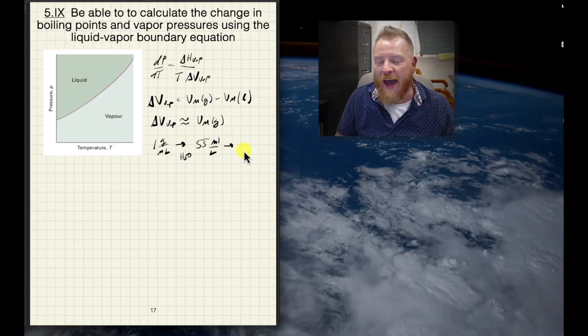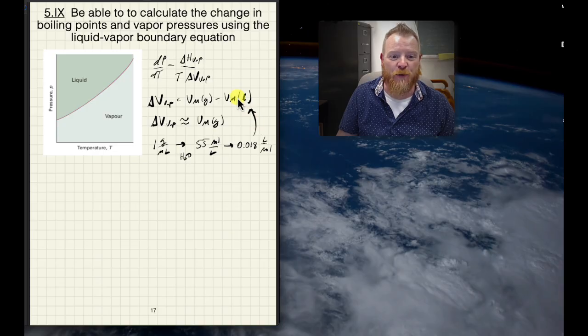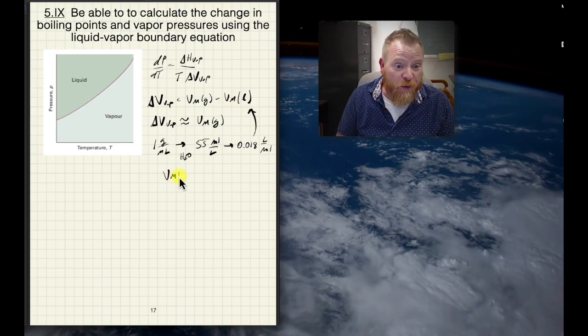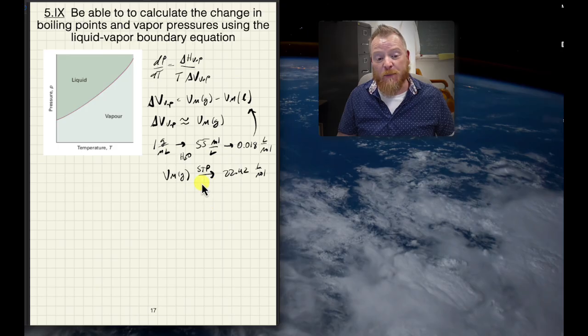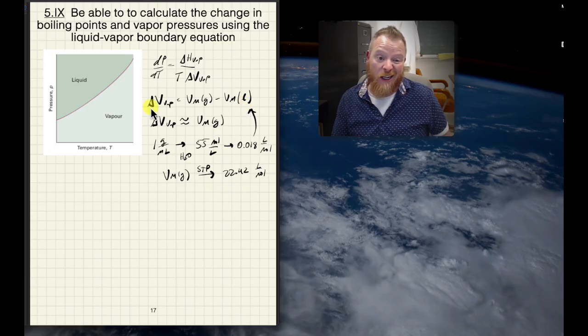Flipping that, 1 over that becomes 0.018 liters per mole, which is tiny. So that's the value for the molar volume of a liquid. A good value for the molar volume of a gas at STP is 22.42 liters per mole. Again, we can see the molar volume of a gas is enormous compared to the molar volume of a liquid, so we won't worry about the molar volume of the liquid in this calculation.